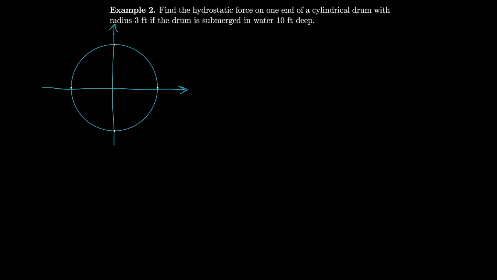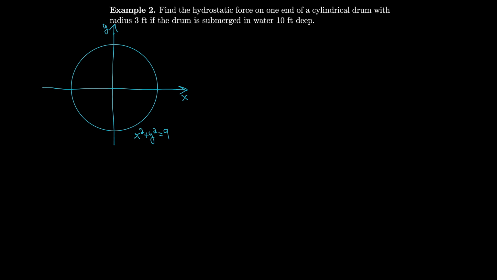So this is, let's see, if the circle is radius 3 feet, we might as well just put it at the origin and say that this is the equation: x squared plus y squared equals 9. Make it a little bit easier. So this thing is submerged in water 10 feet deep.